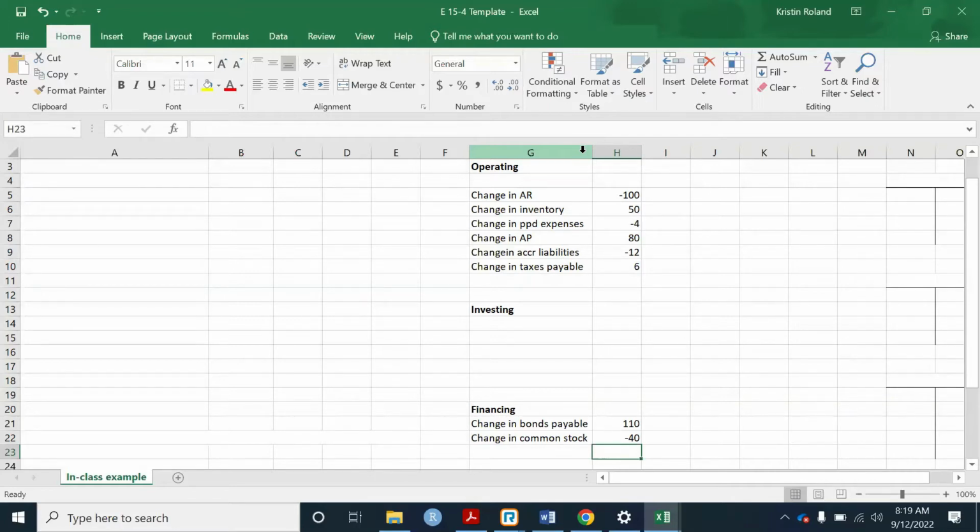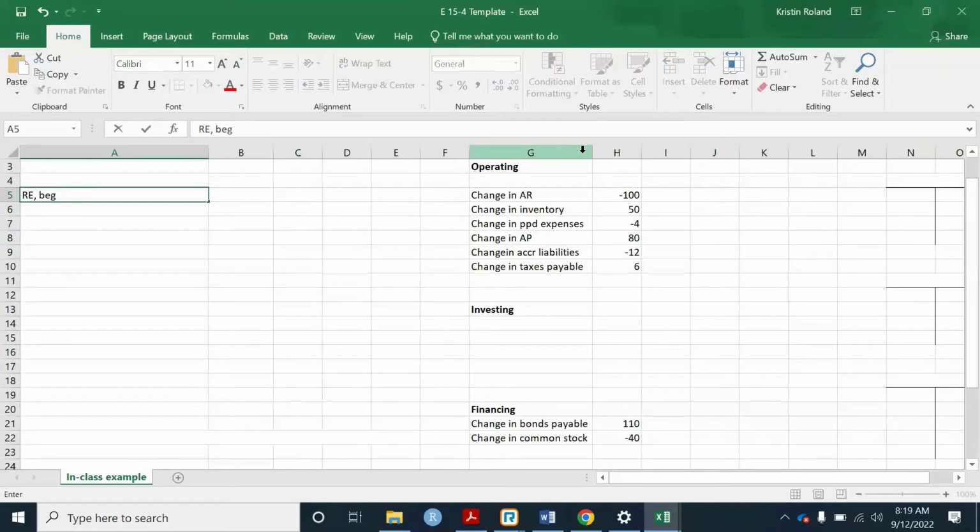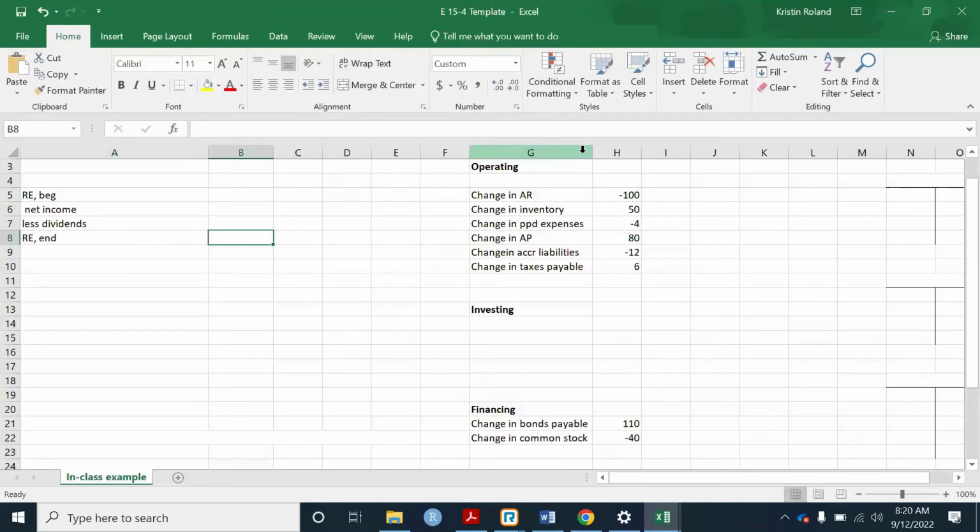Okay, and then I have my retained earnings. This is where we can use what we just did. Retained earnings beginning plus net income, minus dividends, gives me retained earnings at the end. In this case, they told me what my net income is.